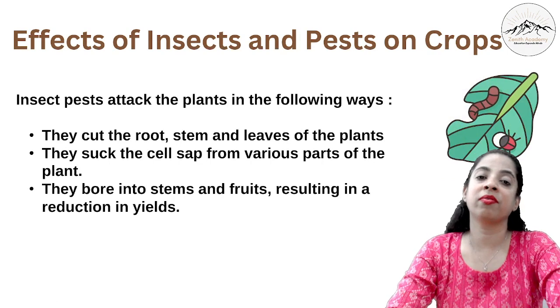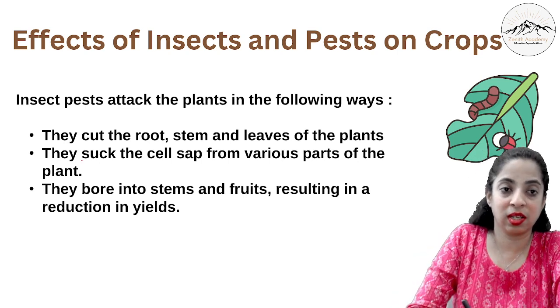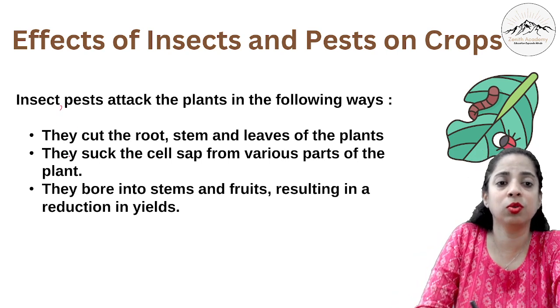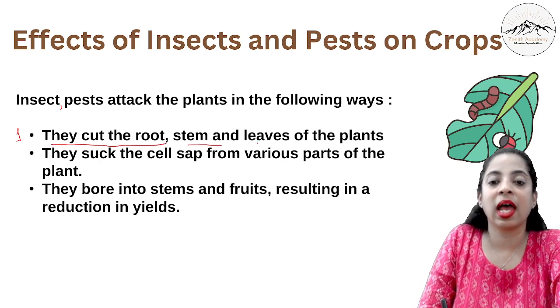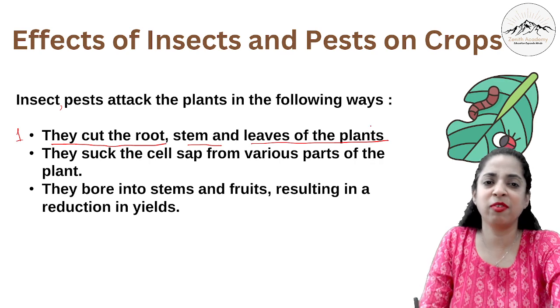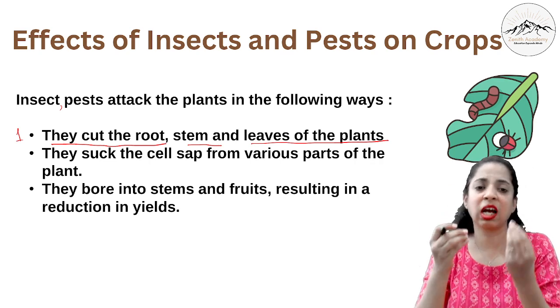Now let's talk about the effects of insects and pests on crops. Insect pests attack the plants in the following ways. How do they do it? First, they cut the root, stem and leaves of the plant. Have you seen? They go inside the roots, stems and leaves and they cut them.